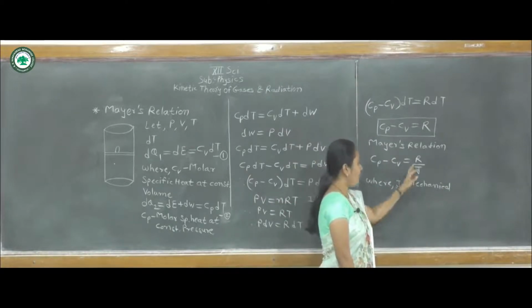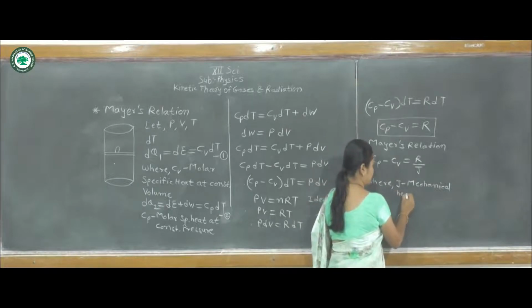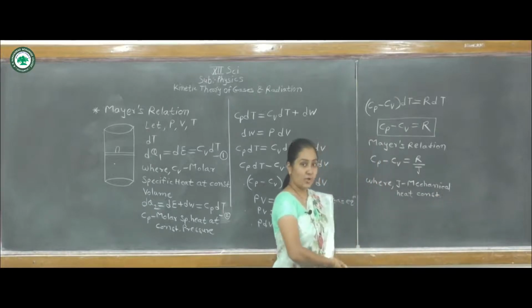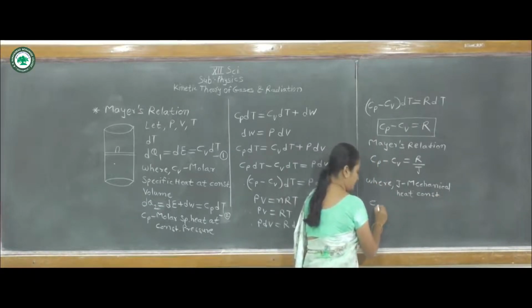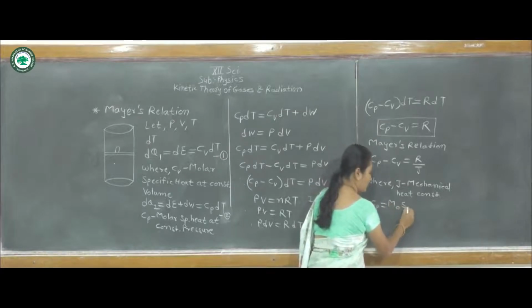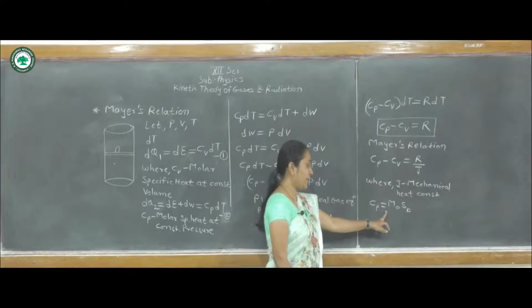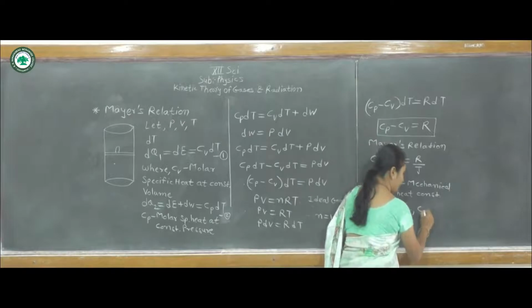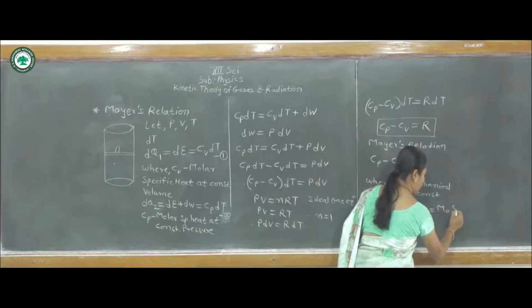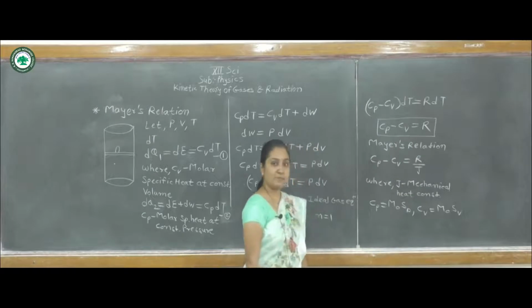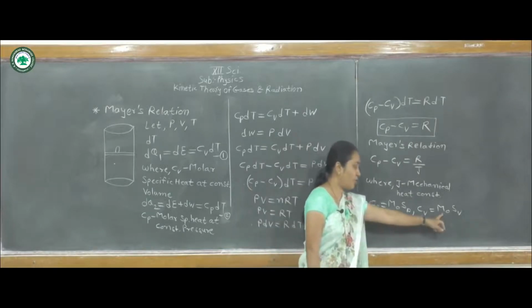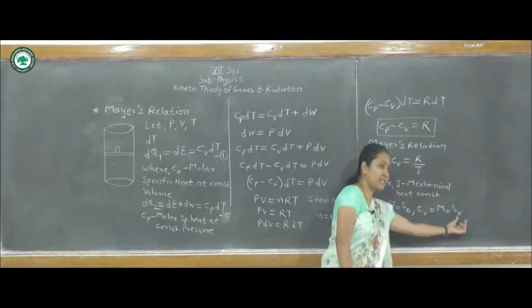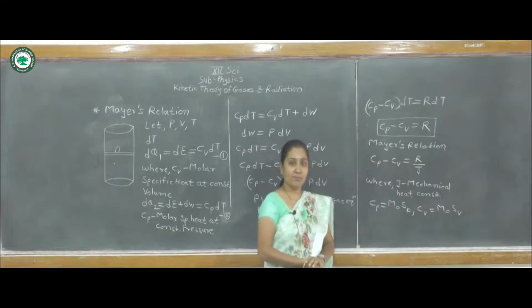So now from this equation, we can also write Cp is equal to m0 Sp and Cv is equal to m0 Sv, where m0 is the molar mass of gas and Sp and Sv are principal heats of the gas.